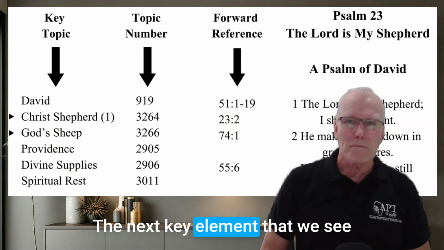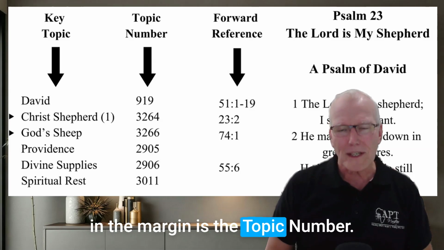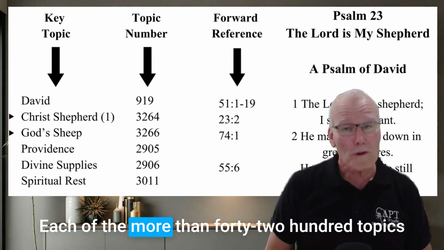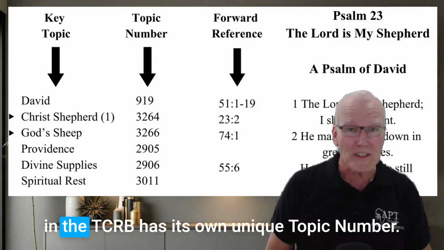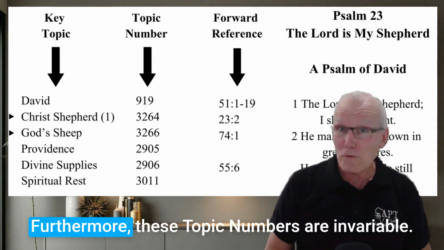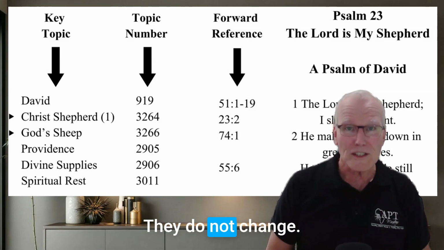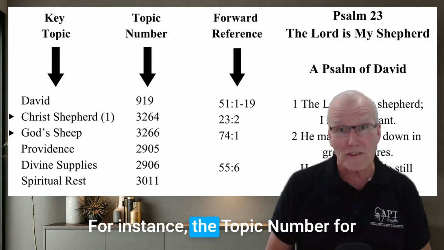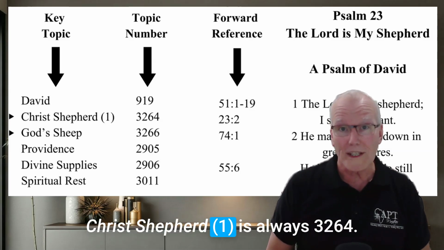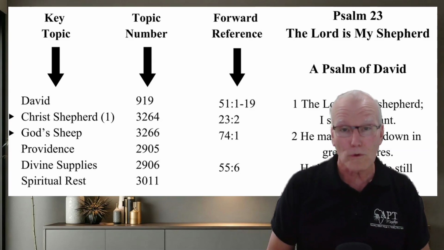The next key element that we see in the margin is the topic number. Each of the more than 4,200 topics in the TCRB has its own unique topic number. Furthermore, these topic numbers are invariable. They do not change. For instance, the topic number for Christ Shepherd 1 is always 3264.